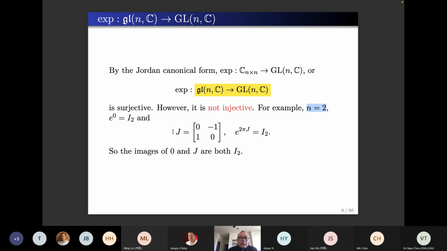However, let's consider another matrix right here: 0, minus 1, 1, 0. This is our J. And if you take the exponential of 2πJ, you also get the 2 by 2 identity matrix. Of course, 0 and 2πJ are not the same, but they have the same image, the identity matrix. So this is not injective.